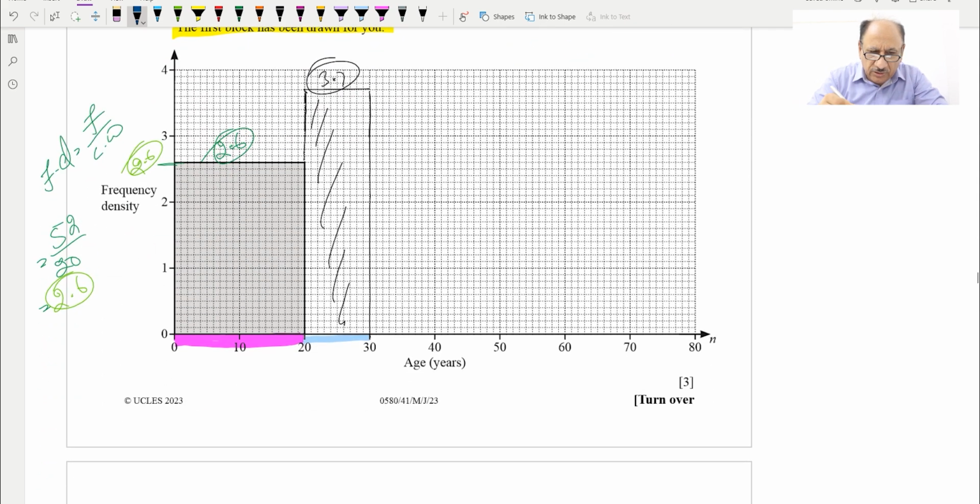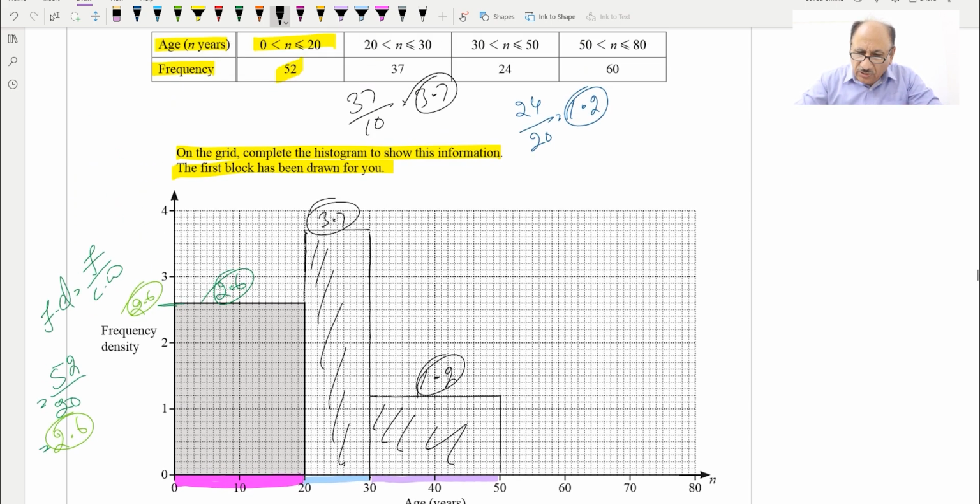So from 30 to 50, up to this one, and it should be 1.2. So 1.2 will be up to this much height, and we need to close from the top, and this one is done, and this is 1.2.